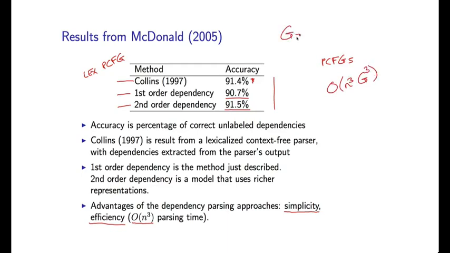So G is the number of non-terminals. And this term adds a lot. This could easily be 10 cubed or 20 cubed, 50 cubed, easily into the thousands. So dependency parsers can be significantly more efficient than a full PCFG parser.